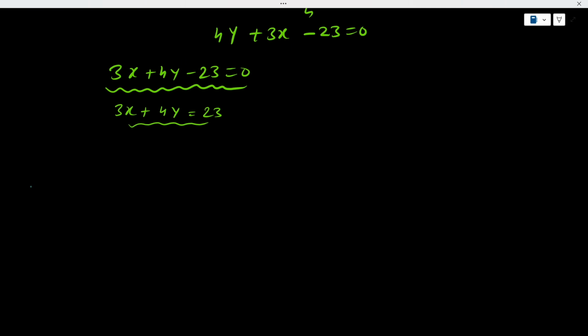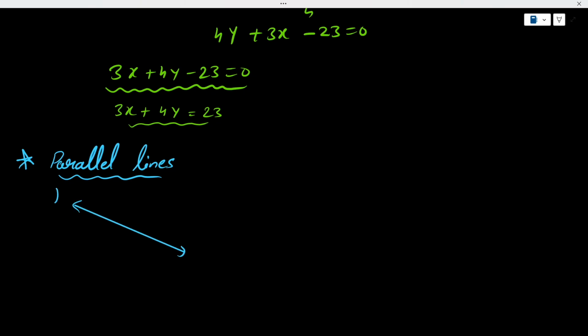Whenever we take parallel lines, that means two lines, right? Parallel lines means equidistant lines which will never meet. So if this is line L which is parallel to line P, you know that line P is parallel to line L. Now definitely there will be a gradient here.